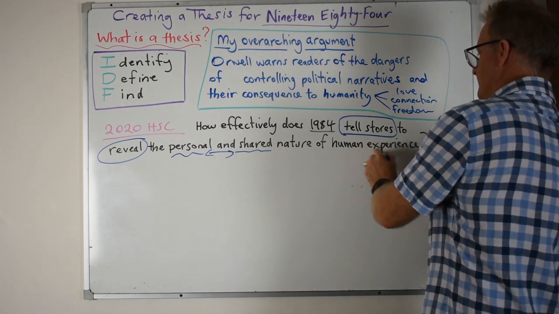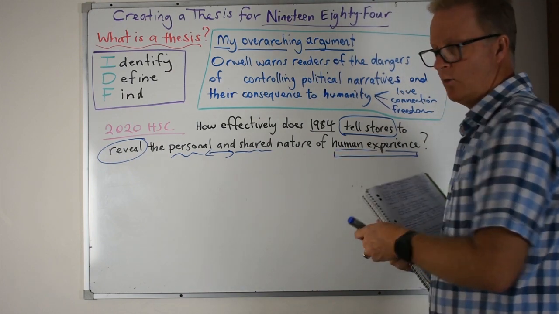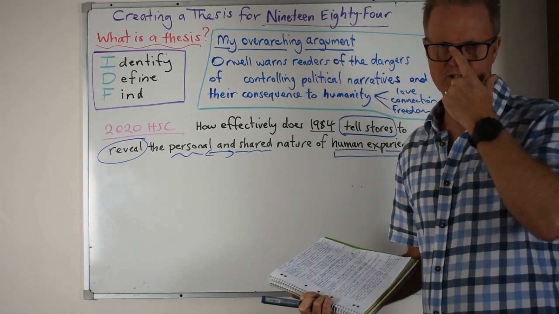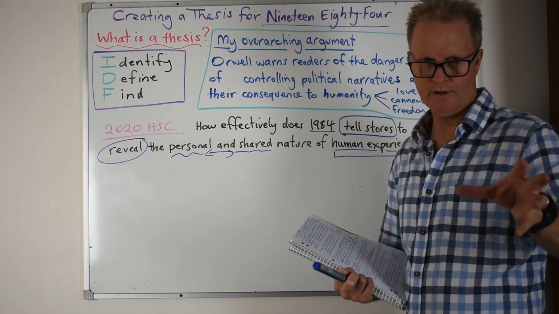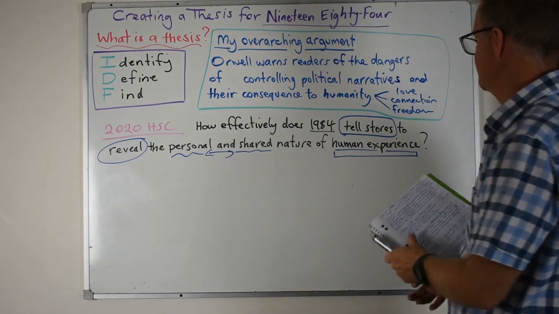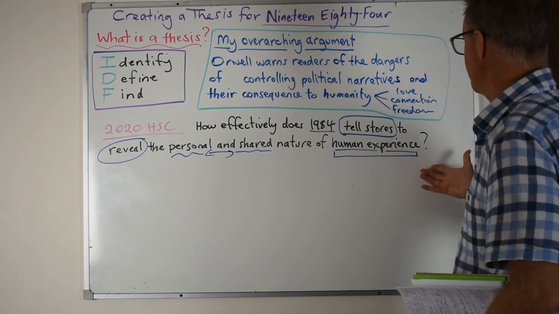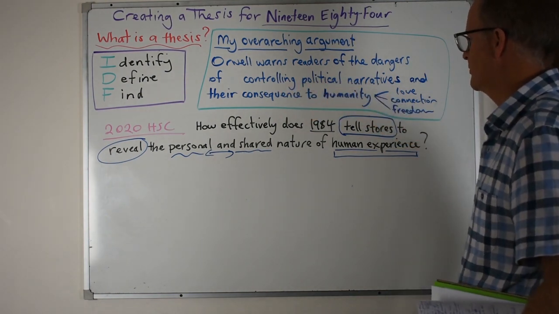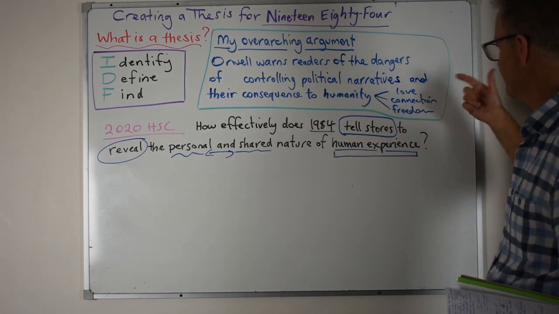Now, it's interesting, isn't it, here, we really do need to be specific and say what the human experience is, the personal shared nature of human experience. Human experience is such a rubbery term that you don't want to use that as a statement in your essays. What you want to do is be able to say what the human experience is. And so that might be this notion of loneliness that Winston experiences, or it might be this idea of the controlling political narratives and the consequences they have on our desire for love, connection and freedom.